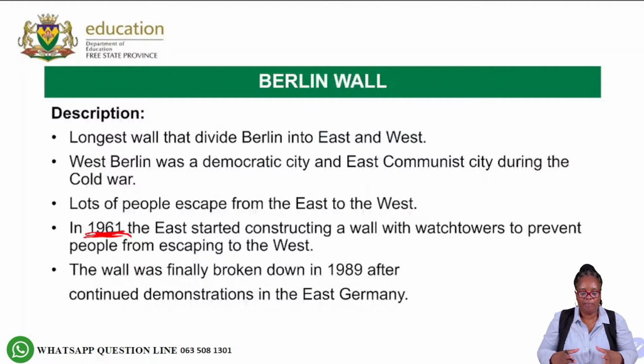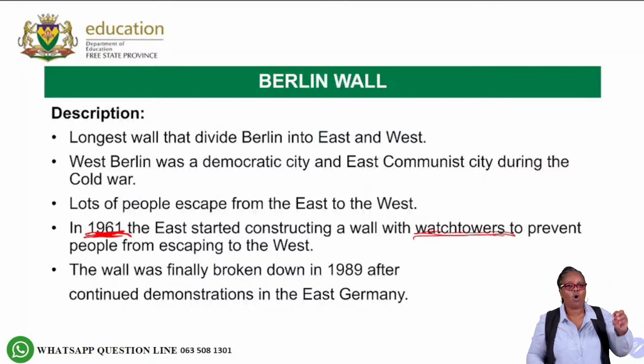So they wanted to keep people in the east on their own side, not allowing them to go to the west. So this wall was constructed in 1961 and it has the watchtowers.